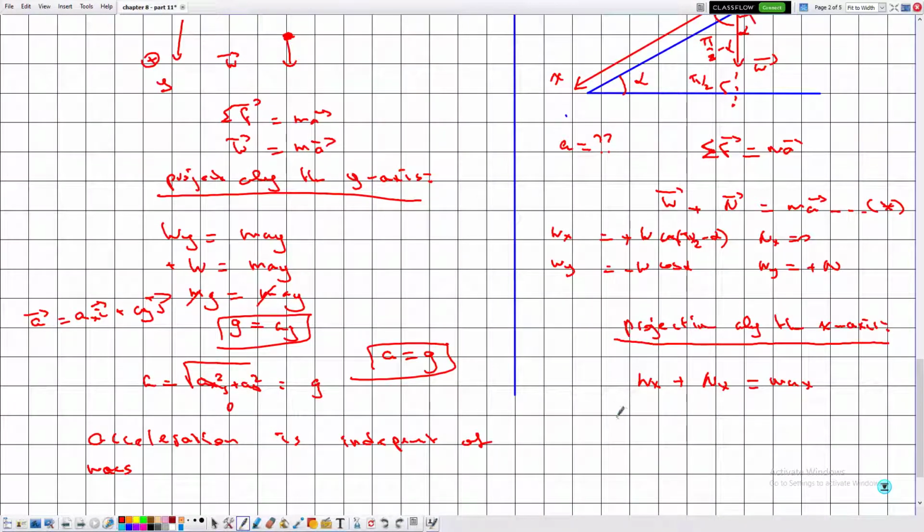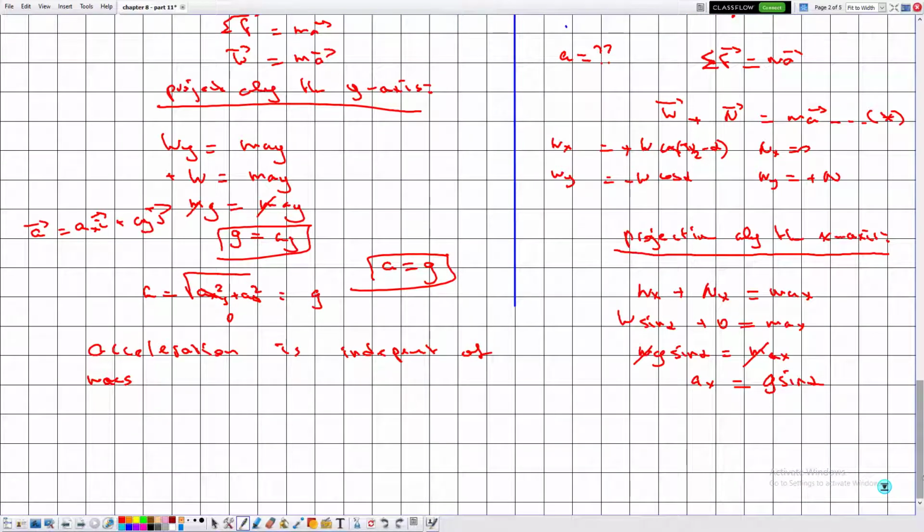So Wx is given by W sine alpha, because cosine of pi by 2 minus alpha is sine alpha, plus 0, which is equal to max. So in this case mg sine alpha is equal to max, and here m cancels out with m, and ax will be given by g sine alpha.